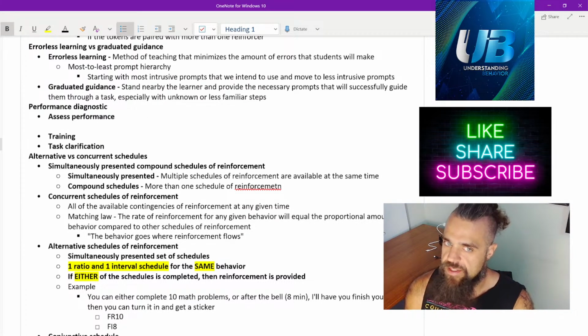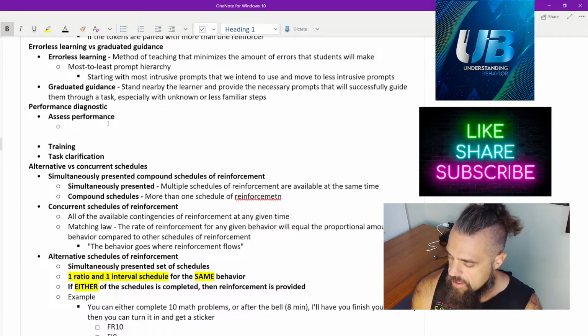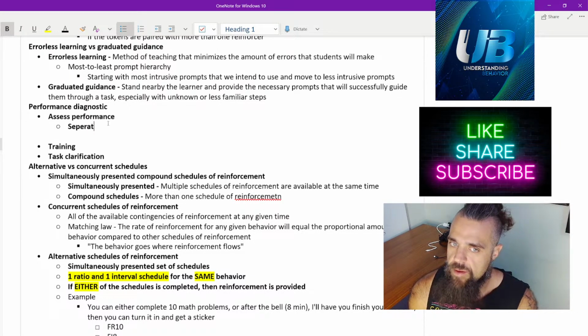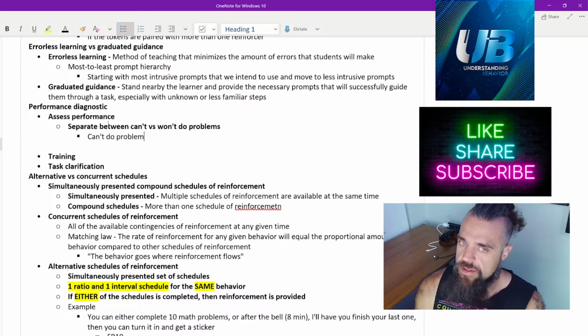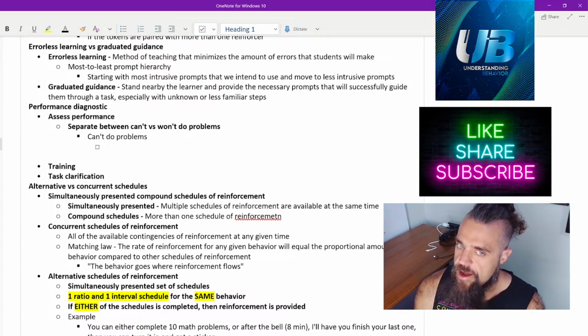So to assess performance, the main thing you want to do is separate between can't do versus won't do problems. So with our can't do problems, usually we'll go to training.